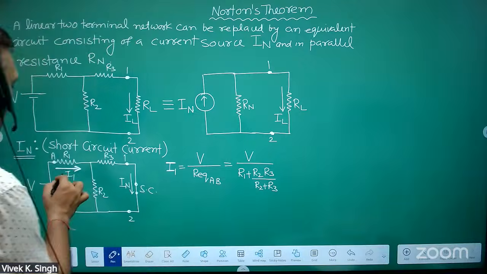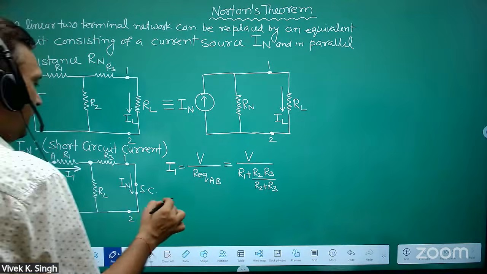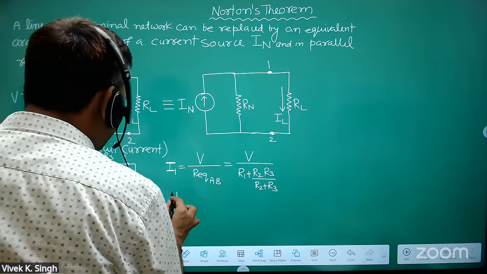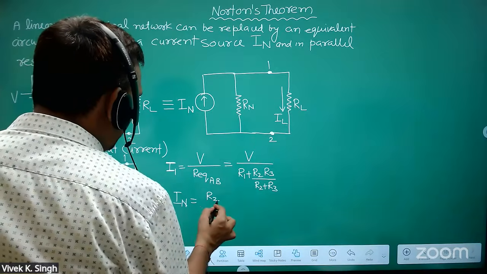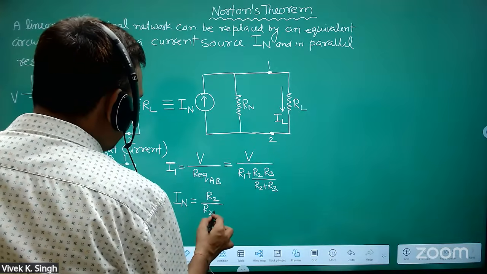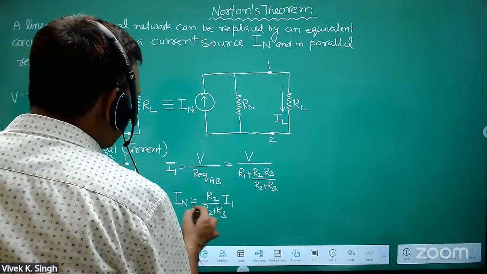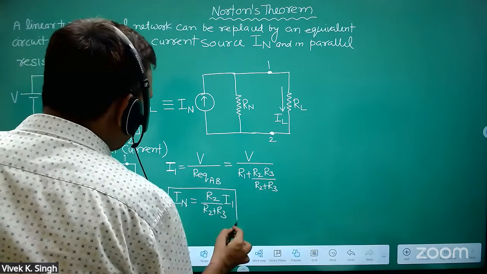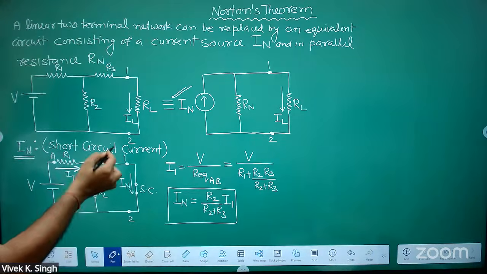And if you know I1, then apply current division at this node because you have to find IN. So from current division, IN is given by R2 by R2 plus R3 into I1. So this is the value of IN. So you know IN, short circuit current.